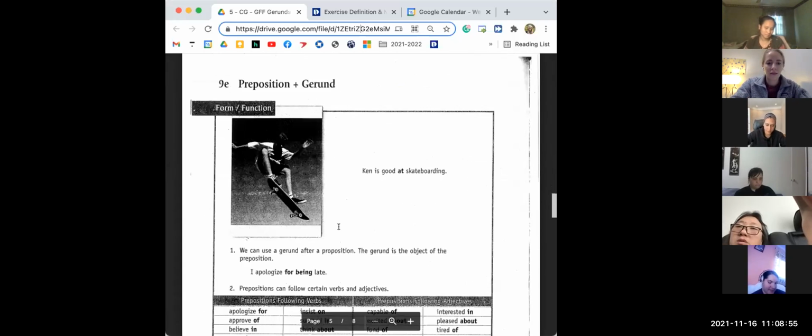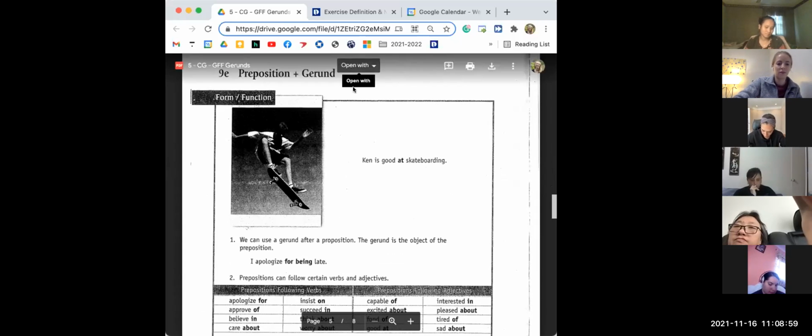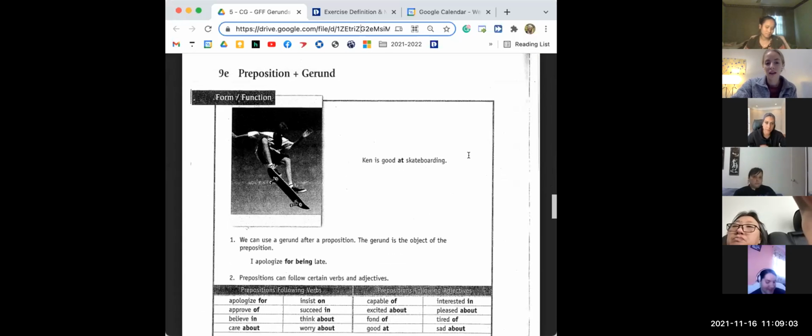This is our same handout here. We have a preposition plus a gerund. Here's an example sentence. Ken is good at skateboarding. We can use a gerund after a preposition. This means the gerund is the object of the preposition. This preposition can give us more information about the sentence, about the action and activities of the sentence.